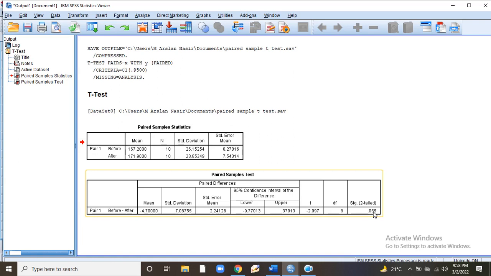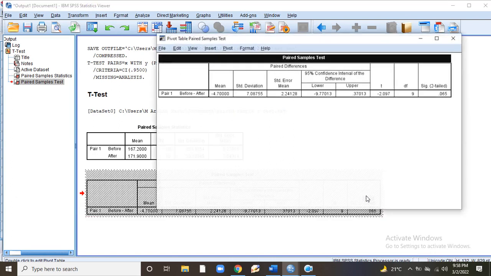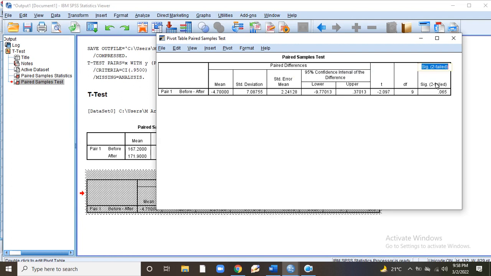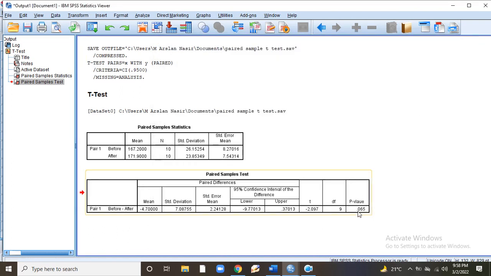By looking at the data, the mean difference is 4.7, but the standard deviation is 7.08. By looking at these two measures, this test statistic and the p value, this p value is 0.06, which is greater than 0.05.